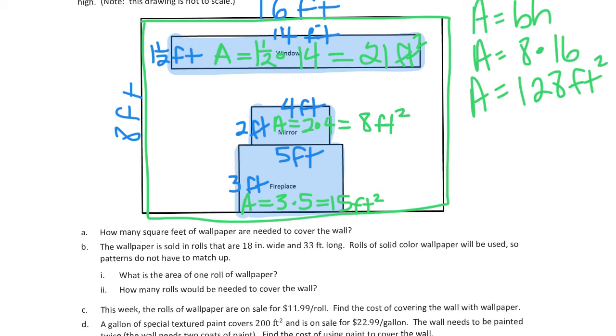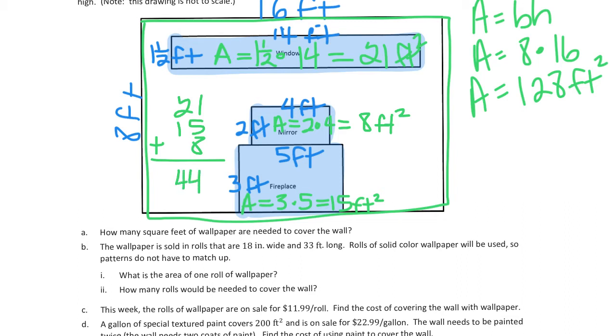So those 3 sections are areas I'm not going to wallpaper. So I need to add those together. So I am going to add 21 plus 15 plus 8. And you can do that on your calculator, or you can do that on the paper, whatever is easiest for you. So when you're done with that adding, you've gotten 44.